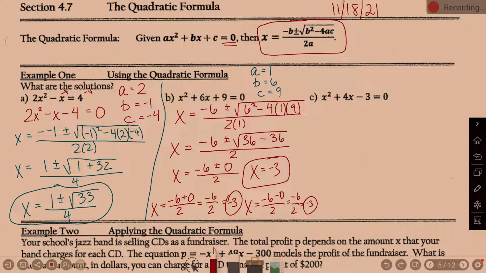What's happening here is this is only touching the x-axis at the vertex. Like your x-axis is right here, it's only touching one place instead of two. Is there no answer in that? When it's negative, it's negative 3. There's just 1 is what it ends up being.